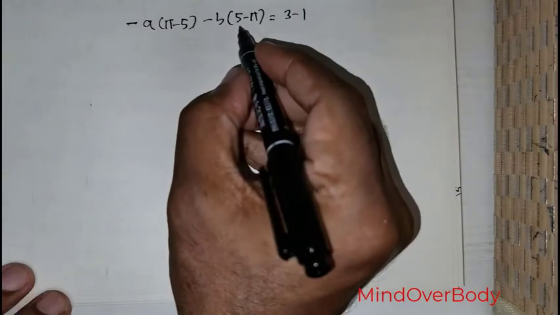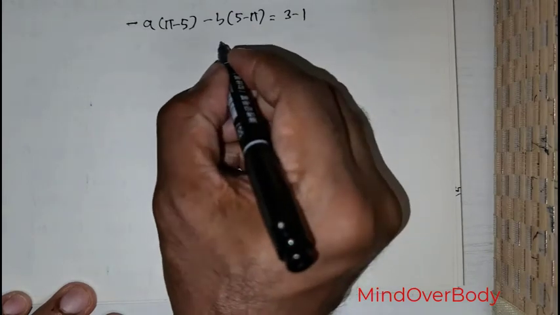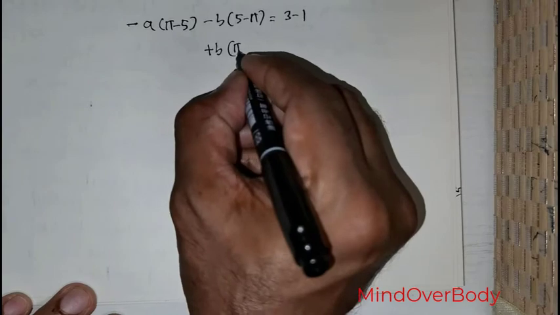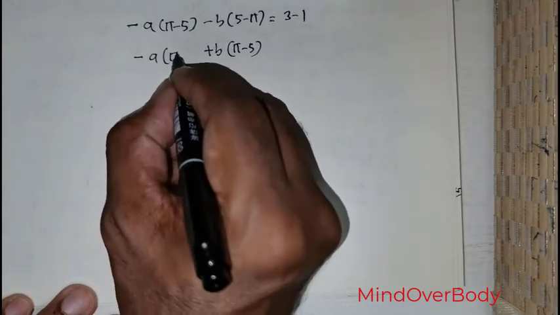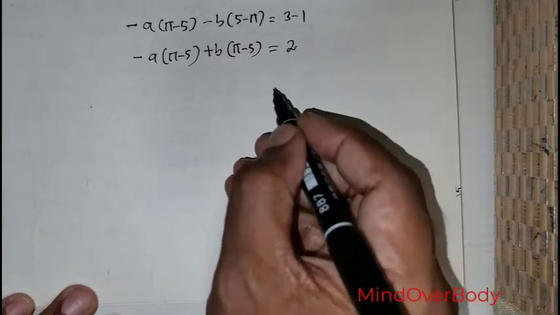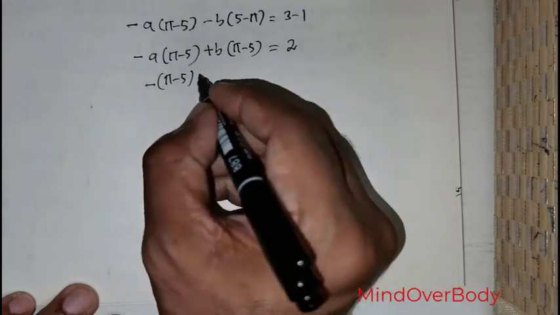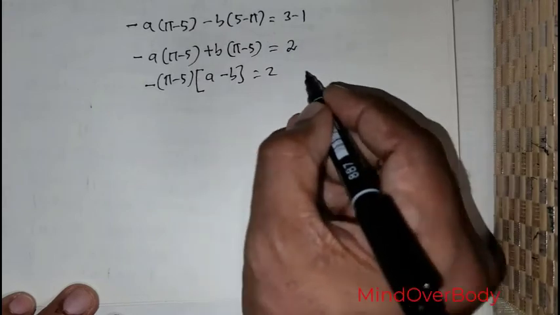What to do is I would like to have π − 5, so I would like to take the negative sign out. So that's going to be positive b(π − 5). In this case, negative a(π − 5) is equal to 3 − 1, which will give me 2. I can take π − 5. In fact, I want to take the negative sign out. That's going to give me a − b is equal to 2.